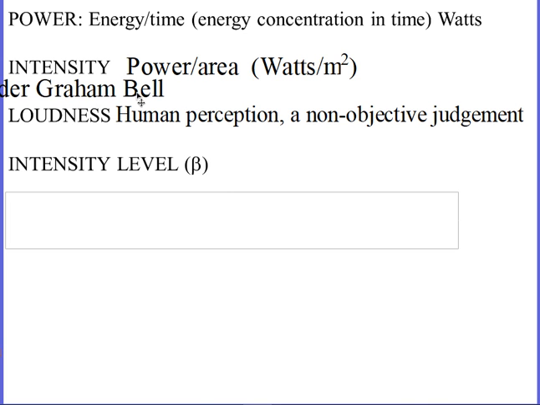But Alexander Graham Bell, trying to make a hearing aid, needed to measure loudness, which was not an objective measure. So he invented this new thing called intensity level, which is supposed to mimic that when we perceive it to be twice as loud, the intensity level should be twice.